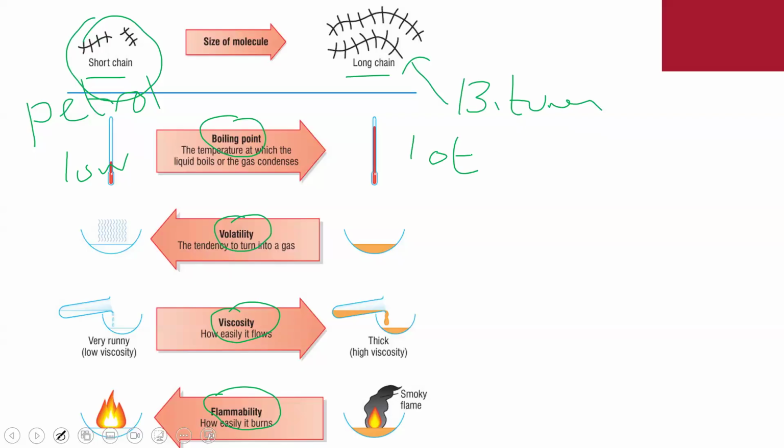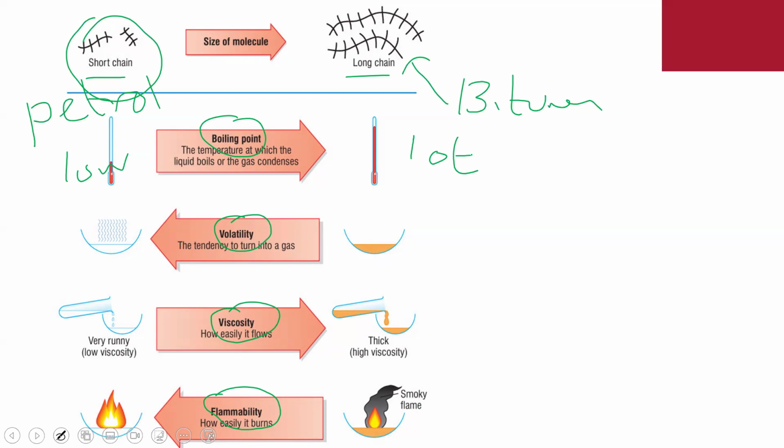Volatility. Volatility is the tendency to turn into a gas. Okay, petrol very easily turns into a gas because it has very few intermolecular bonds, so it can separate easily. Bitumen is very difficult to turn into a gas because it's spaghetti and it's got lots of intermolecular bonds.